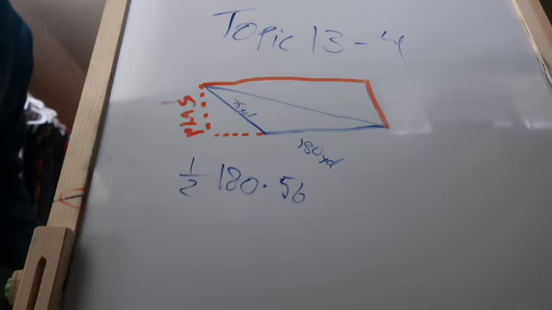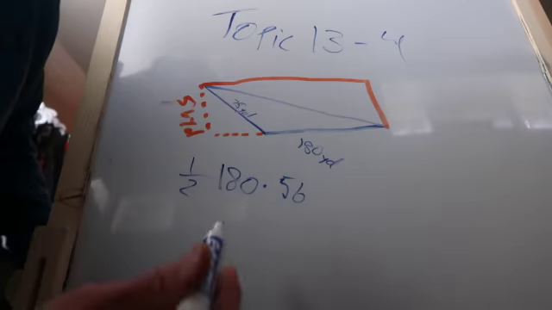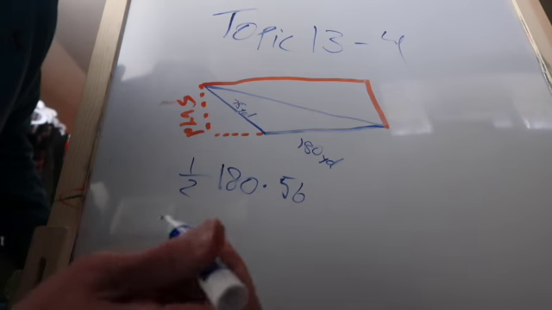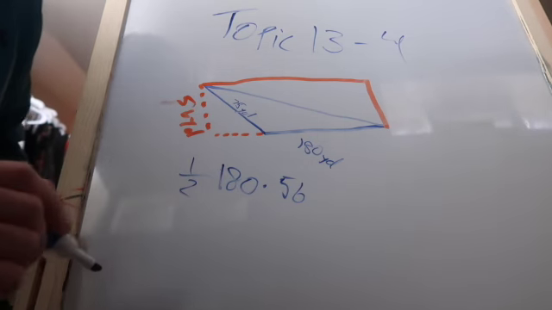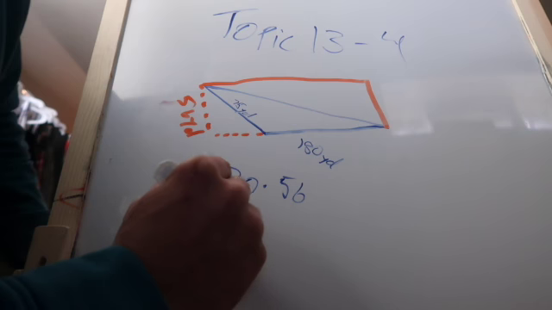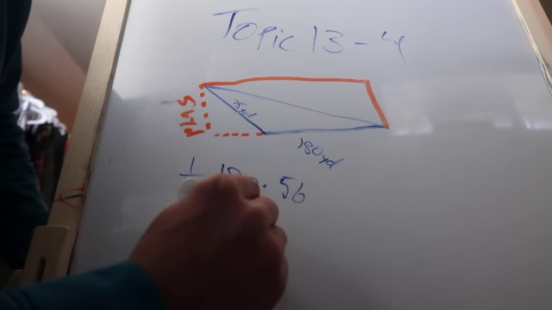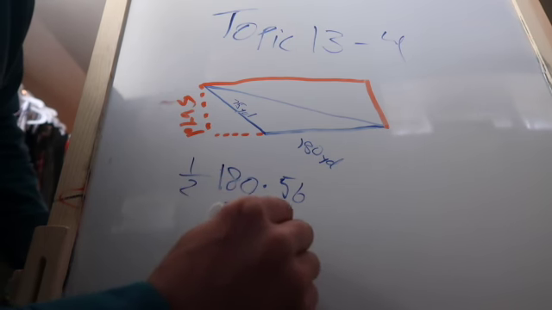Okay, your answer, we take 180 times 56, multiply that by 1/2, and you should get 5,040 yards squared.